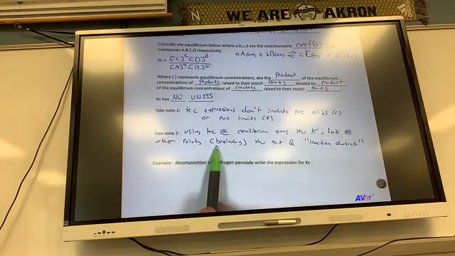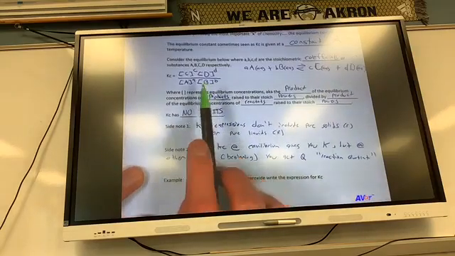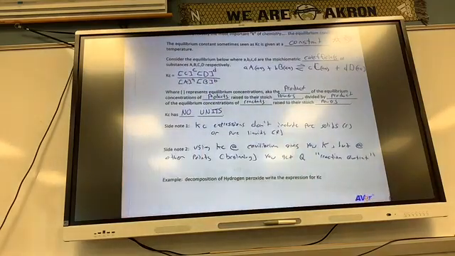It's the same equation, except they might say you have these starting concentrations. If they give you starting concentrations, you find Q, and then we're going to compare Q to K. That's how we'll know if the equation's moving forward, if it's moving backward, or if it's in equilibrium.